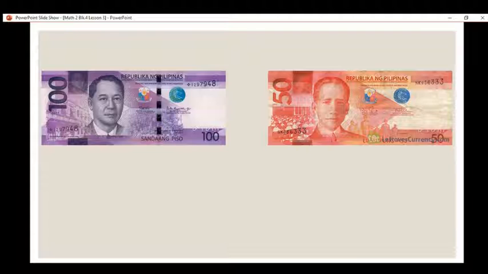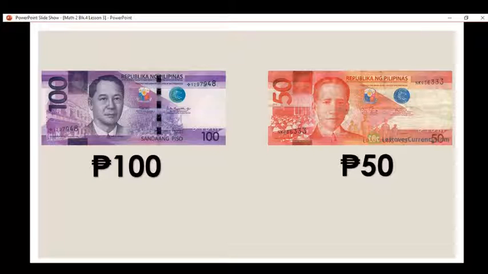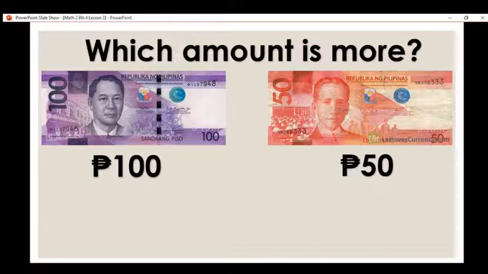What are the bills you can see on the screen? Very good. On our left side, we have the bill of 100 pesos, and the right side would be 50 pesos. We have a question: which is more?